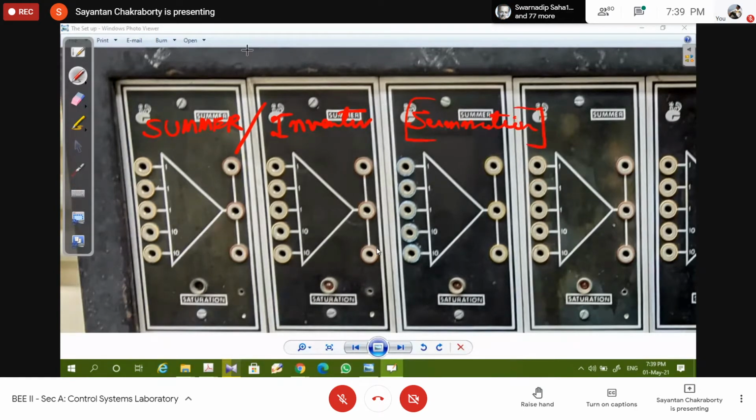If you want to have x minus y, what can you do? You can input x and minus y. How can this minus y be obtained? By inverting y. So a summer will do.